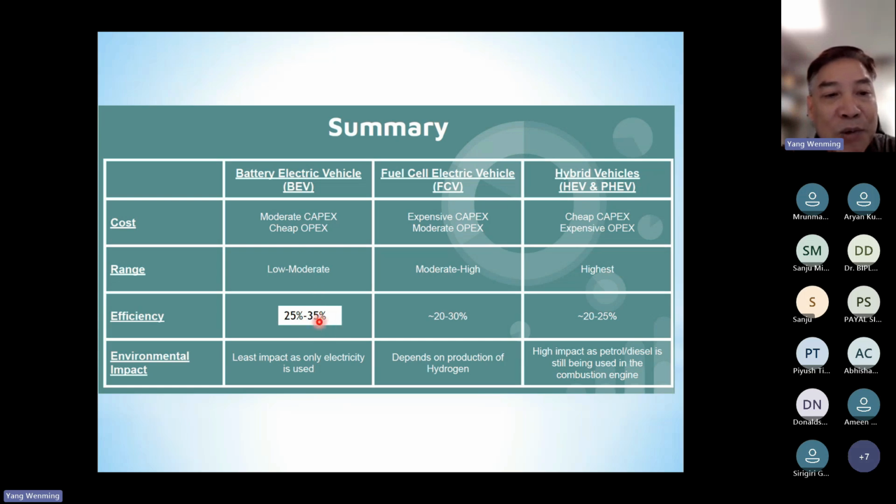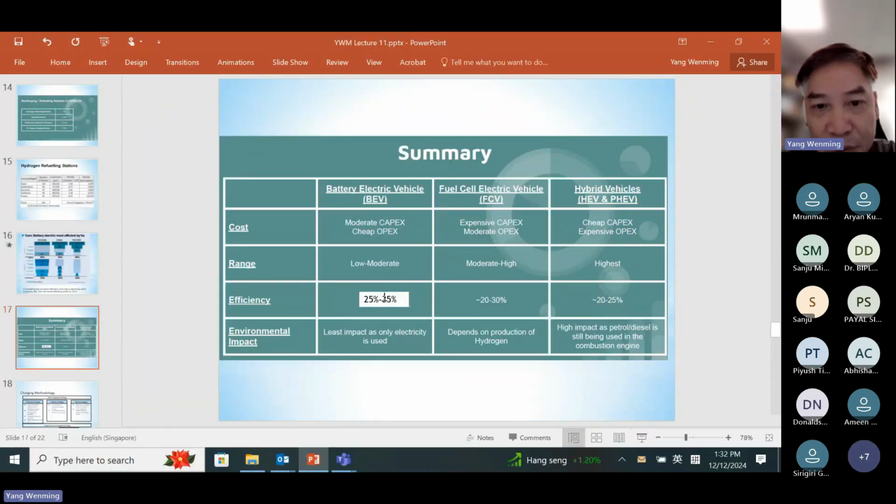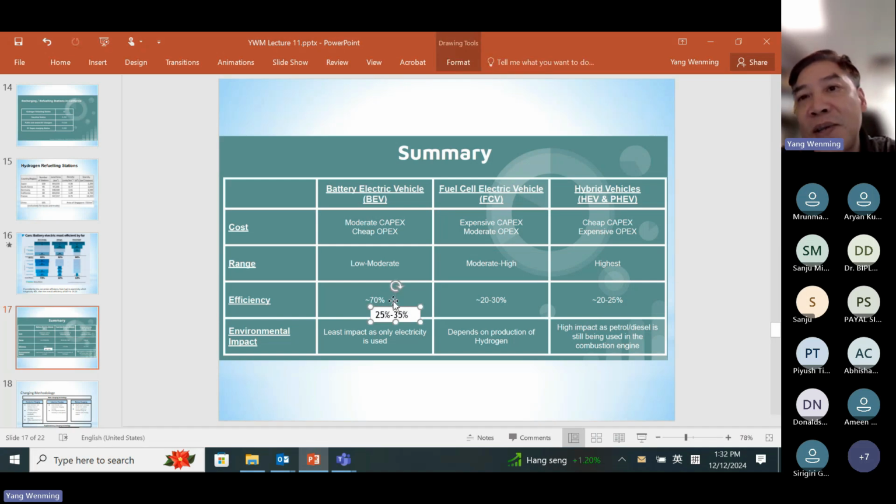Okay, then the next one is the efficiency. Let me show you. The efficiency of the battery electric vehicle is about 70%, fuel cell vehicles about 20 to 30%, and hybrid vehicles about 20 to 25%.